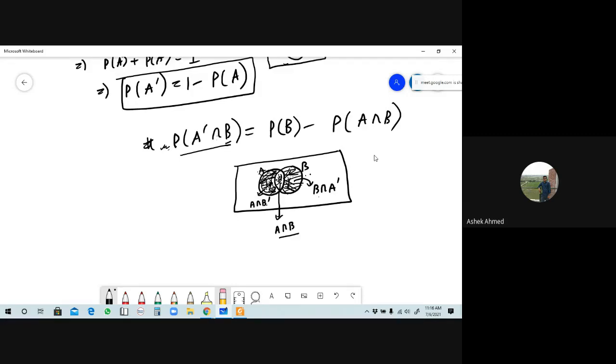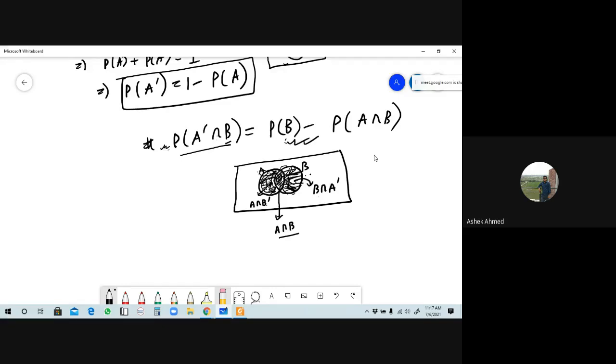If you want to find the probability of this region, what do you have to do? If you count the total B, what do we subtract from B to get this region? Sir, the intersection. The intersection part has to be subtracted, is it right? From total set B, if we subtract the common part between A and B, we will get this result.